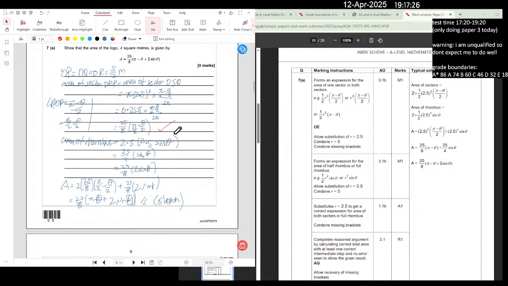Yeah, that should give 1. Or that should give 2, because the substitutions consider 1. Area of rhombus: 2.5 times 2.5 sine theta, 2 sine theta.